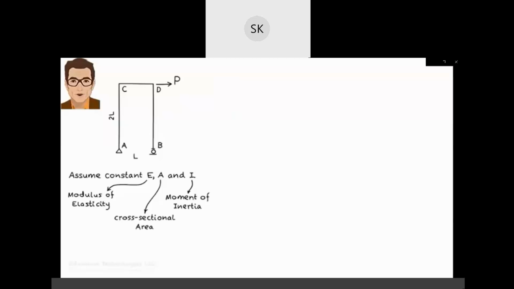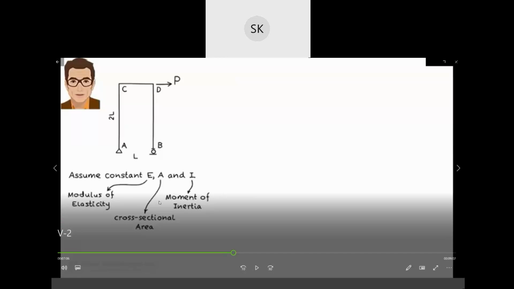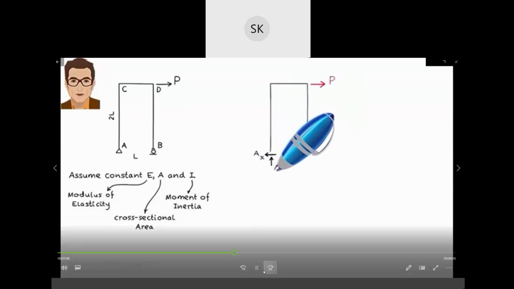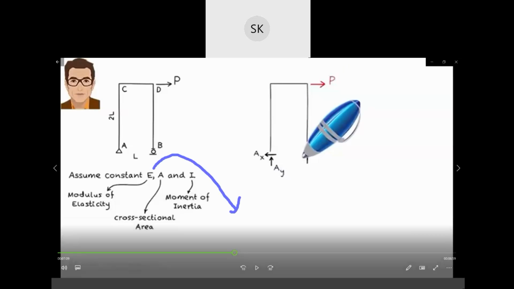We start by applying the equilibrium equations to the entire structure. See the moment of inertia. Very important. These two values are very important in mechanics of material: E, I, modulus of elasticity and the moment of inertia. Here is the system's free body diagram. This E depends on your material behavior or the material type.